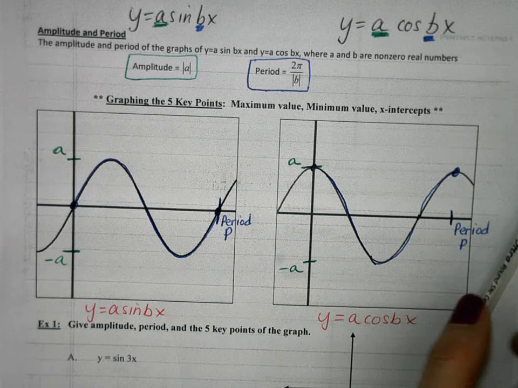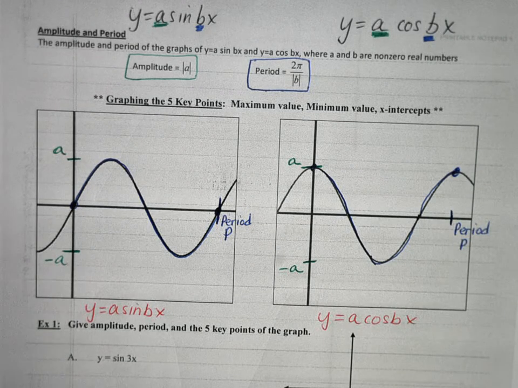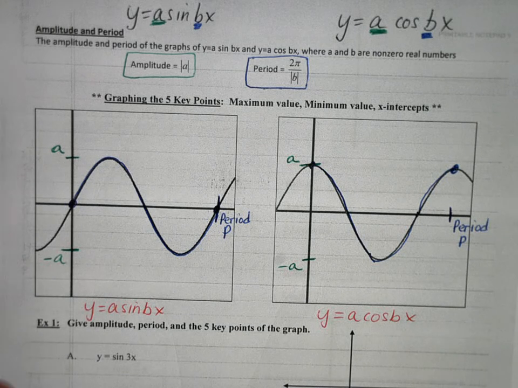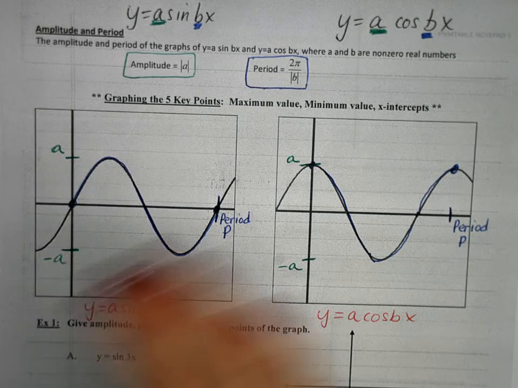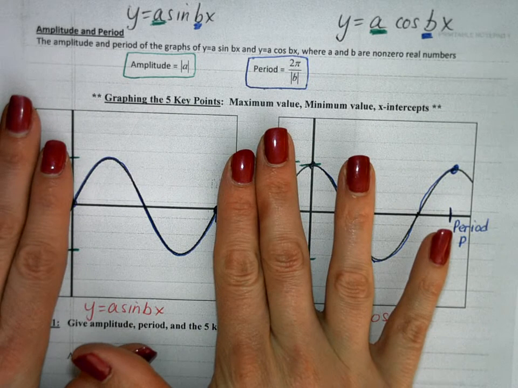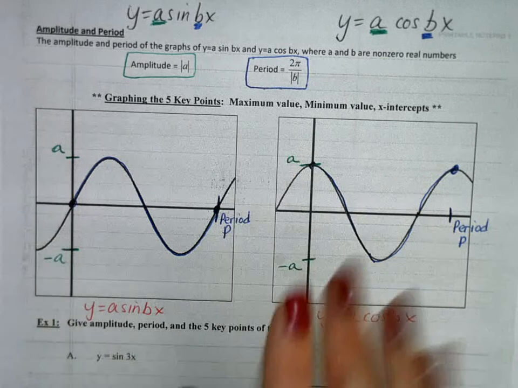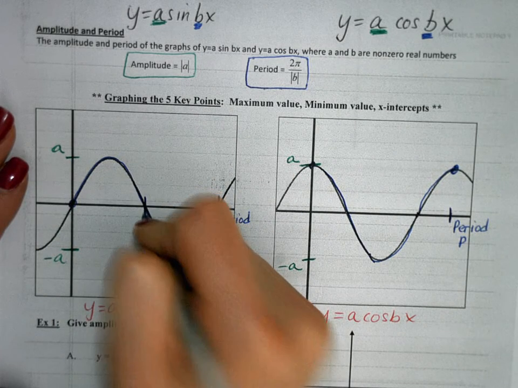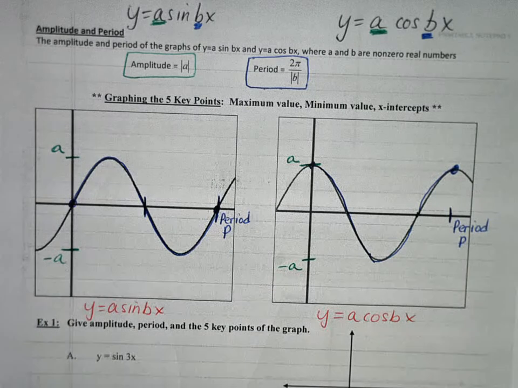Okay. Now, last thing that I need to know about my graphs before we're ready to put some numbers in and try this out. I need to take each cycle and break that x-axis into quarters. So in other words, as I'm looking at this period, if I were right here on my graph, how close am I to getting to the end of the cycle?